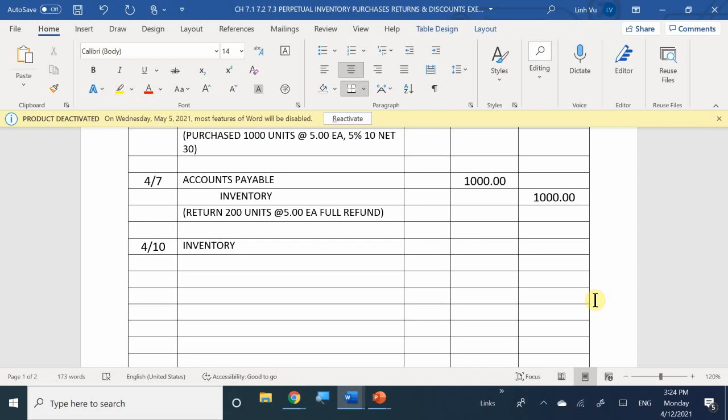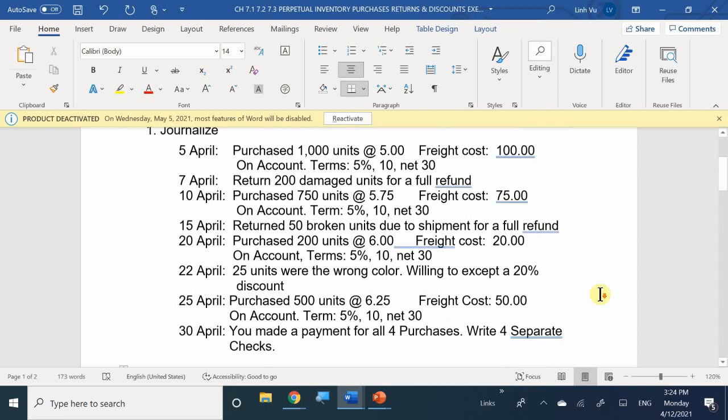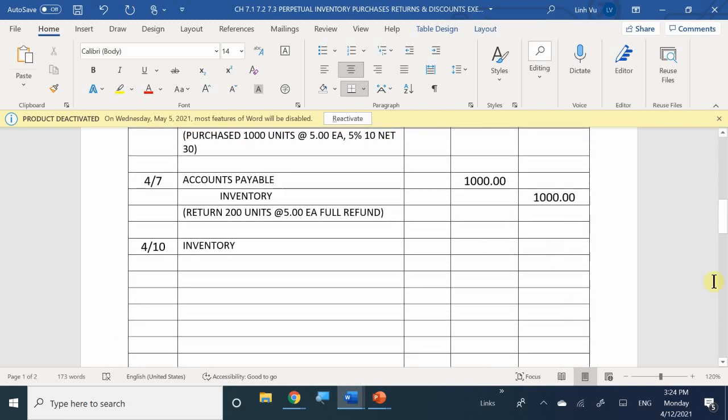Is that including the freight? Was it 100 or did I get that wrong? 75, my fault, at $5.75. So 4,387.50. Yes, we're going to include everything, including the freight. It's all going to go directly into inventory.